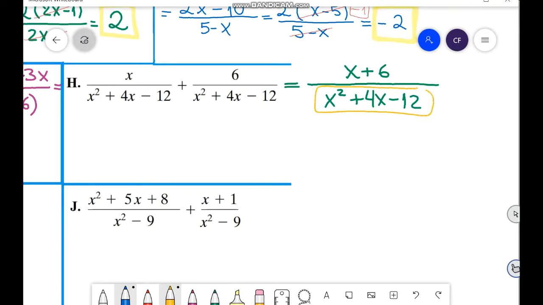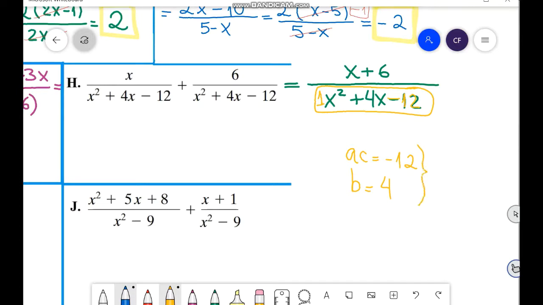And the best method, I think, to factor it out is the AC method. It's a good method. AC, you have 1, A is 1, C is negative 12. So A times C is negative 12, and B is 4, positive 4.